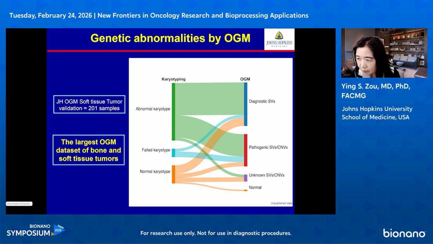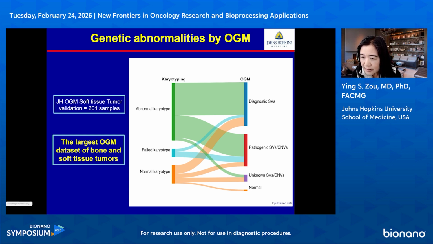Interestingly, OGM detected about 50% more pathogenic genomic abnormalities than karyotyping. This was most obvious in cases where the karyotyping was normal or unsuccessful.